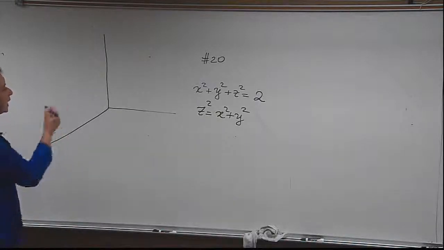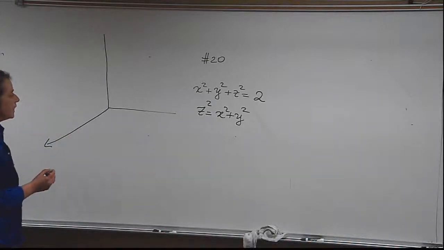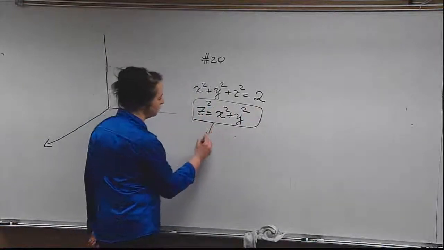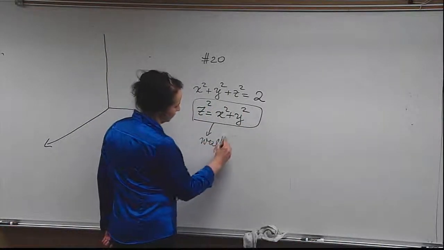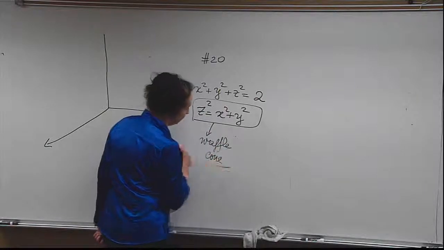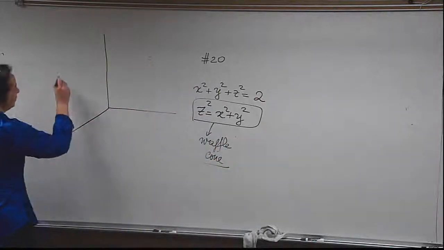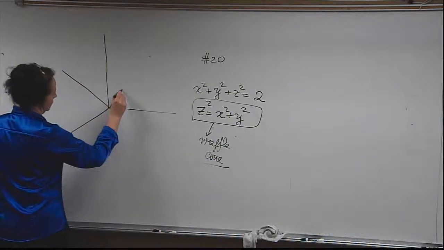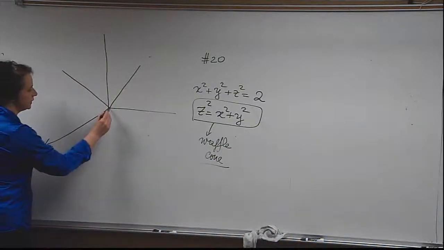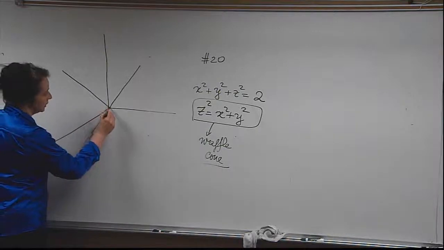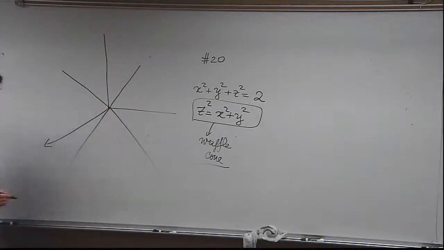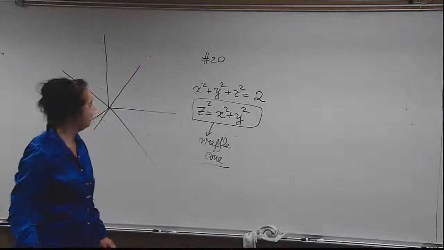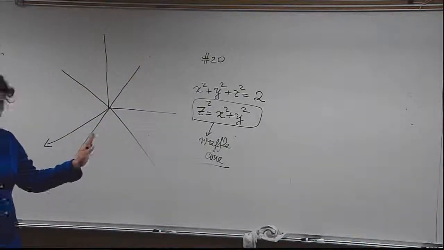And can I draw? Hopefully. This ice cream cone is based on the waffle cone. But the problem is the waffle cone is not a finite surface. It's infinite. It's a double cone. It goes to infinity and to negative infinity, and that's not my problem.